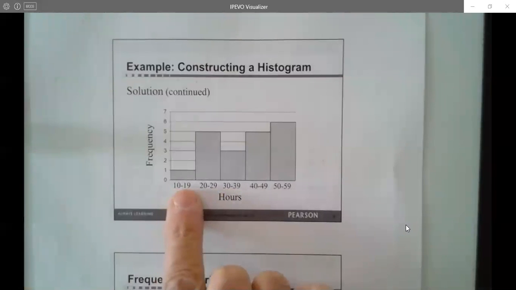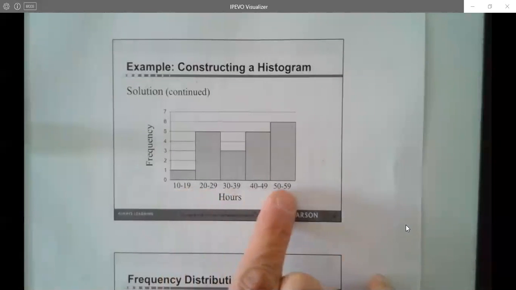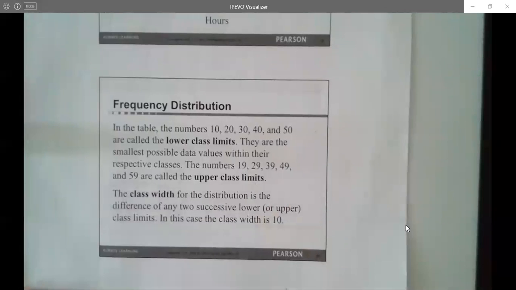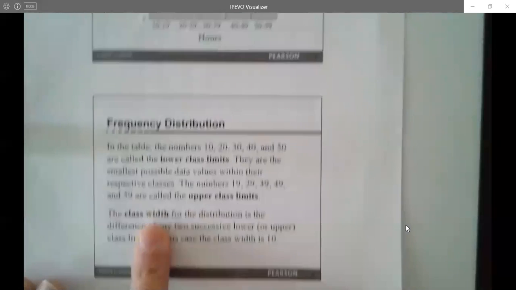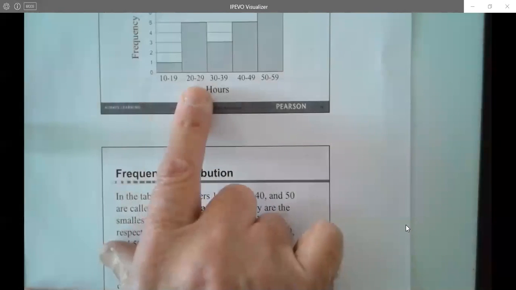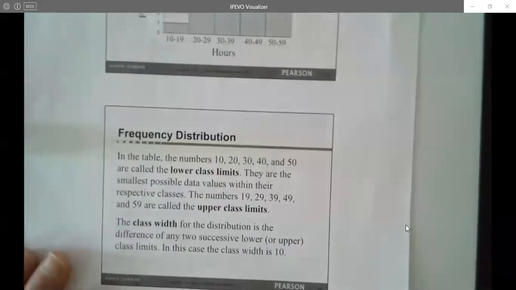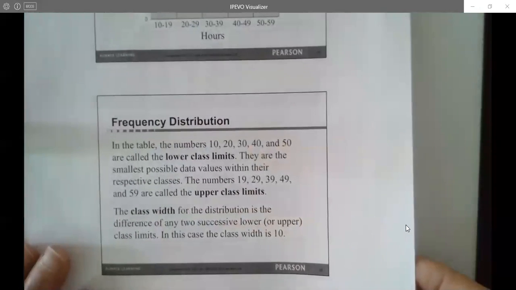The upper class limits were the higher end of the class: 19, 29, 39, 49, 59. You want the class width to be the same. So it was 10, 10, 10, 10, 10 for the class width, and so on. Okay? All right.